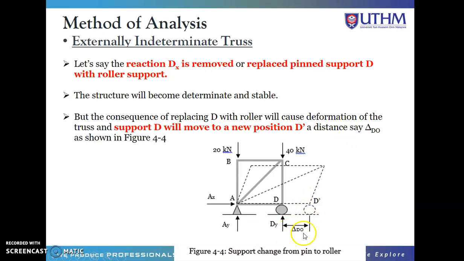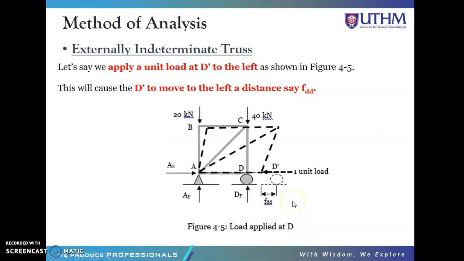And the deformation is delta D O. Okay. Then we apply a unit load at D prime to the left. Okay, so kita kenakan satu unit load dekat D prime.